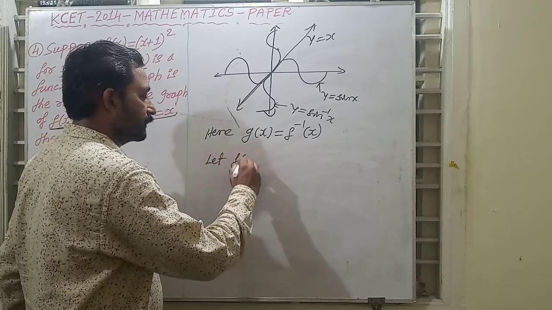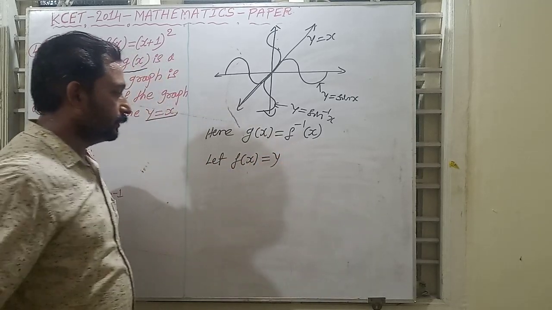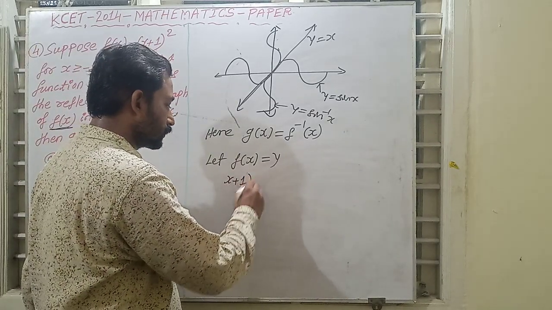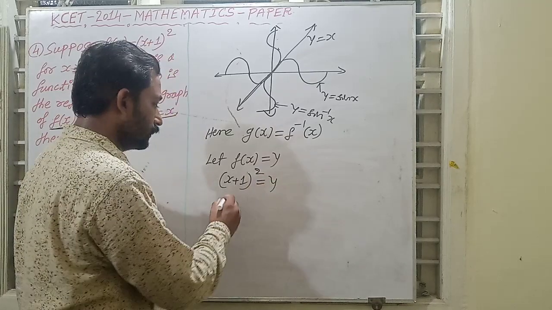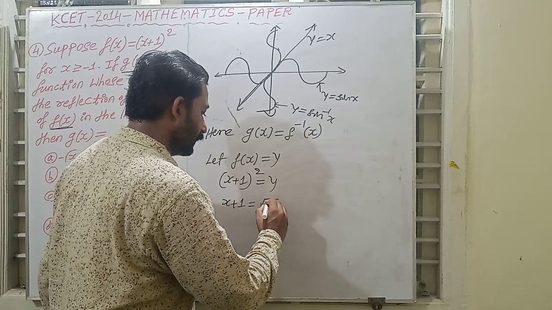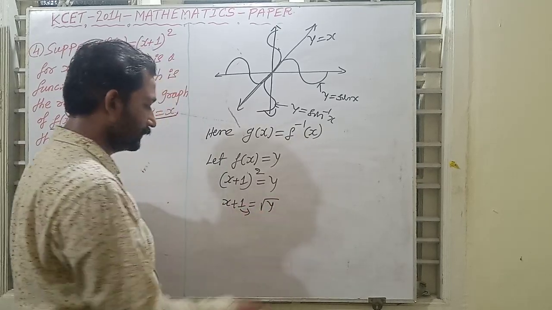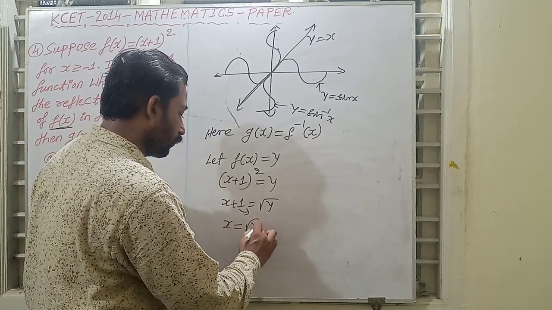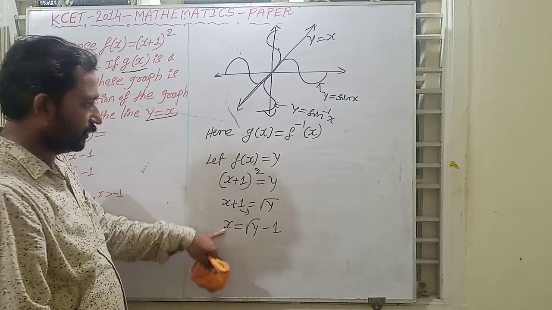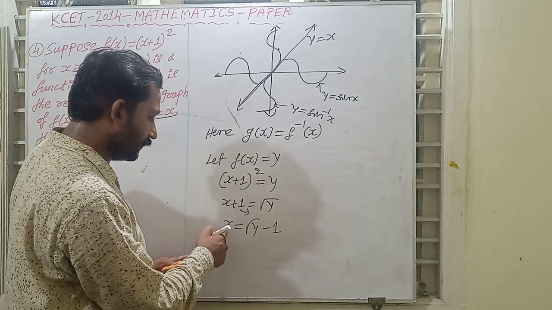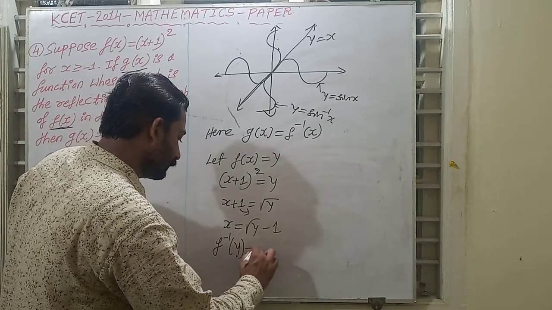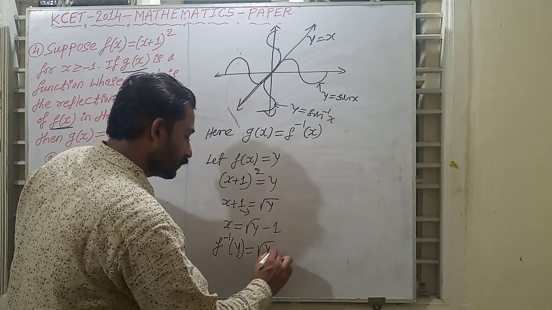Let f of x be equal to y. F of x means (x plus 1) whole square, equal to y. Now x plus 1 becomes root y. Now moving 1 to the right-hand side, x is equal to root y minus 1. So x is nothing but the inverse image, f inverse of y, which is equal to the square root of y minus 1.